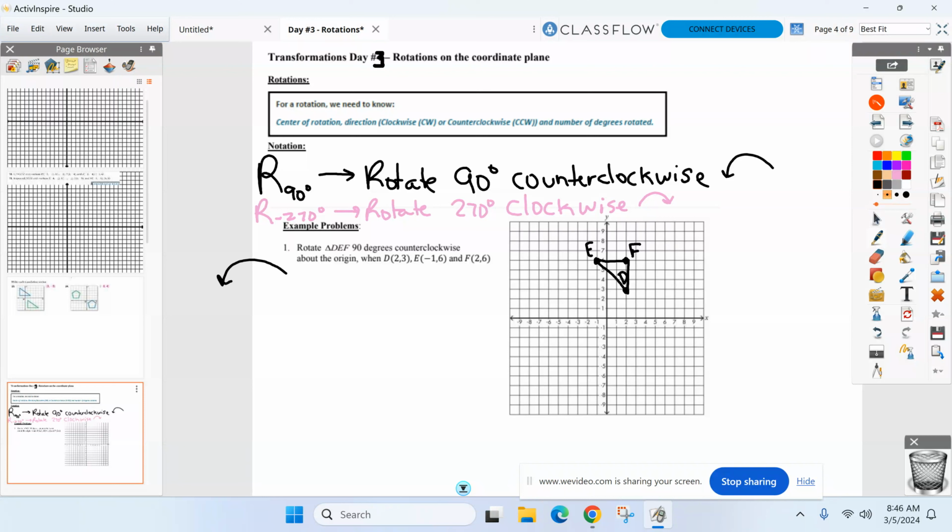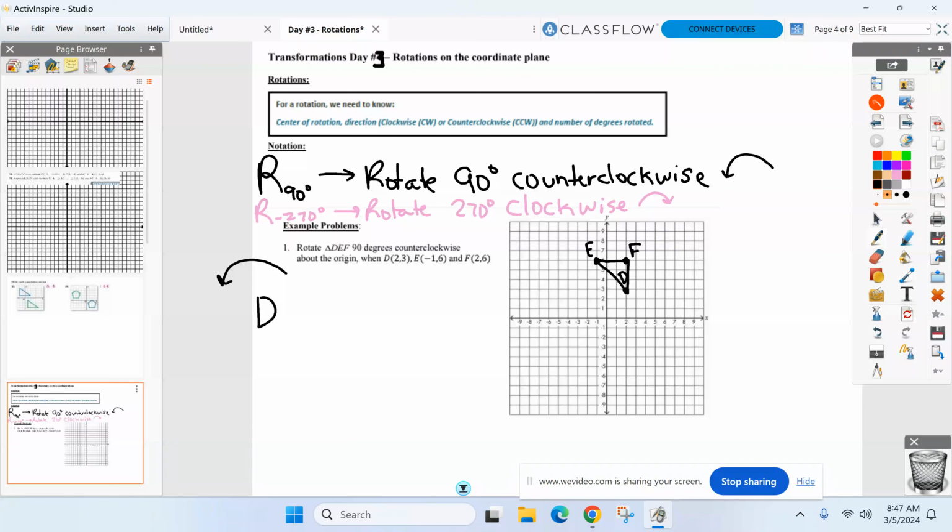Keep it there. Now you're staring at a new XY axis. What I want to know from somebody is, where is your point D right now? Because it is not at 2, 3 any longer. It's somewhere new. Name that new point because we're going to jot it down sideways here.